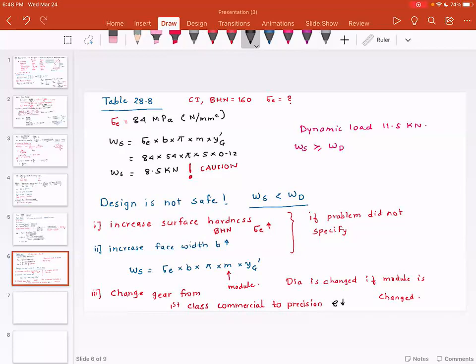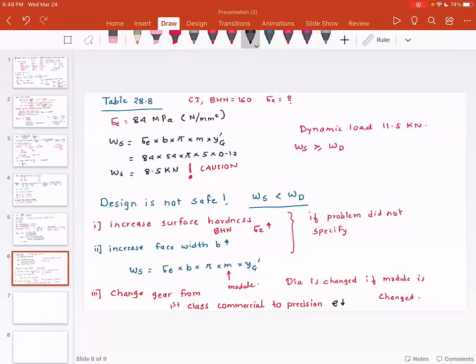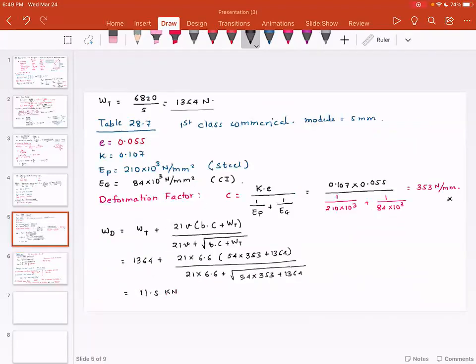When E drops down, please note the value of C drops down. If the value of C drops down, the total value of dynamic load drops down. But when you change the value of E, you will have to repeat the process here.